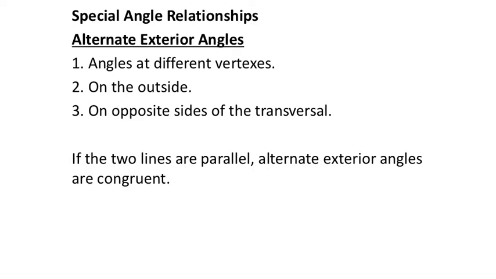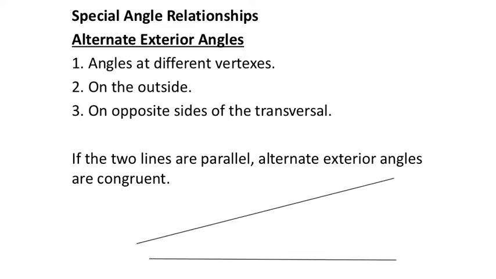So let's give ourselves a couple lines. Again, I'm not focused on parallel lines just yet. We'll get there as much as you want it. So I got this one here, and again, just kind of a similar one here. We'll call this line A and line B again.